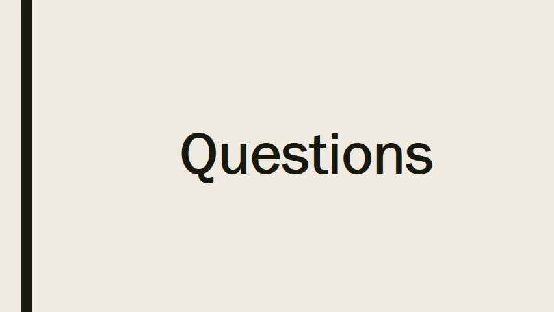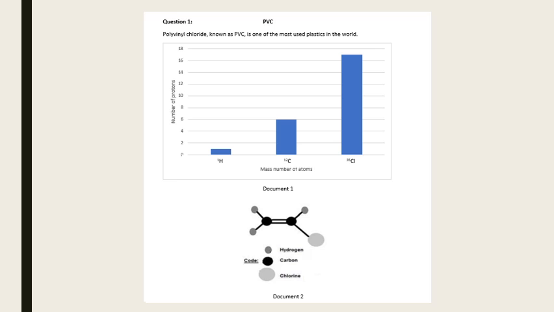Now we'll do the questions on the exam review. Question 1 says, PVC is one of the most used plastics in the world. Here we've got the number of protons, and here we've got the mass number. This is document 1.